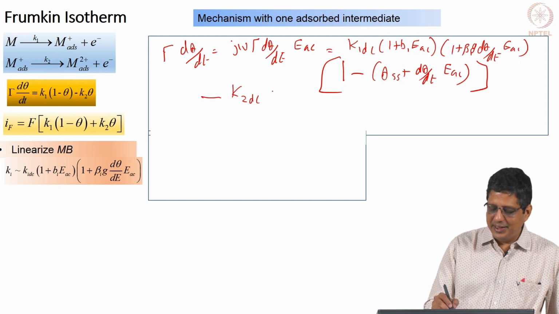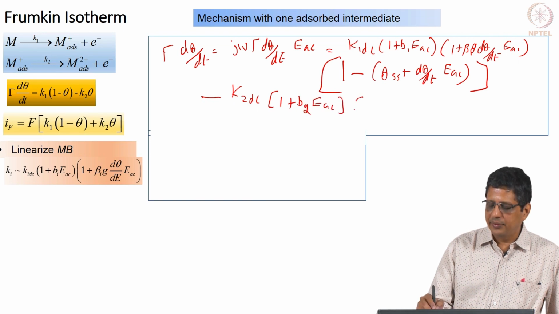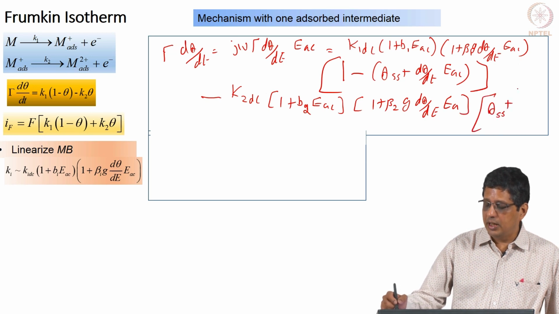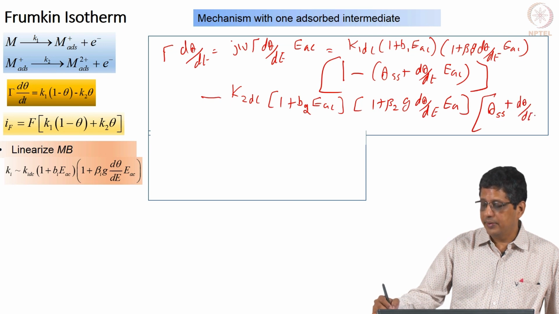K2 is going to be approximated as K2 dc, B2 EAC is going to be there, 1 plus beta 2 G d theta by d E EAC is going to be there, and this has to be multiplied by the theta value, which is theta SS plus d theta by d E EAC.